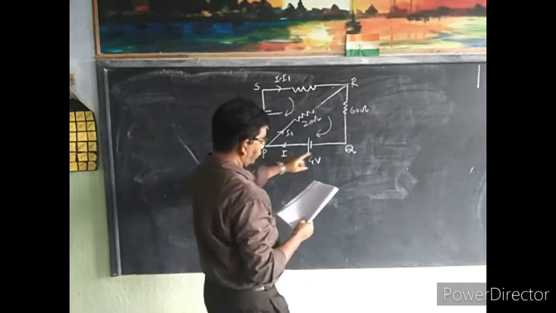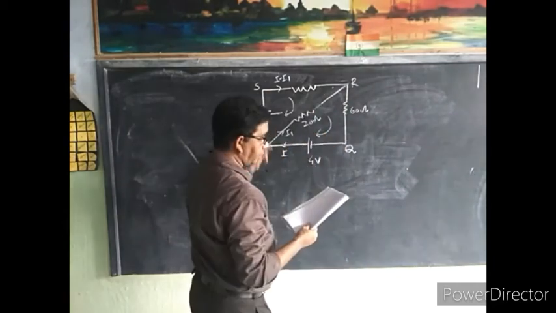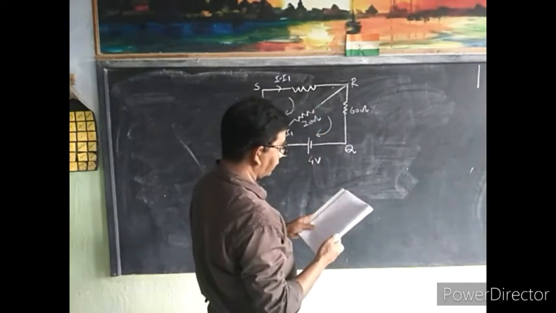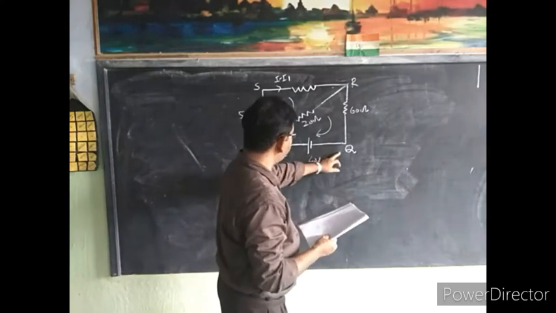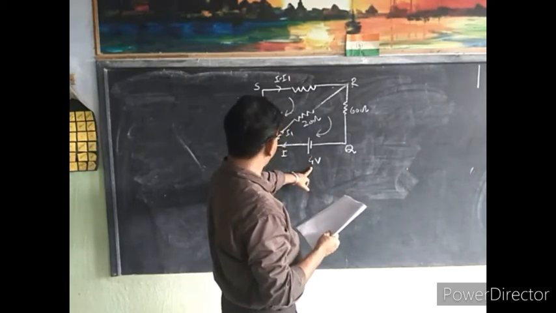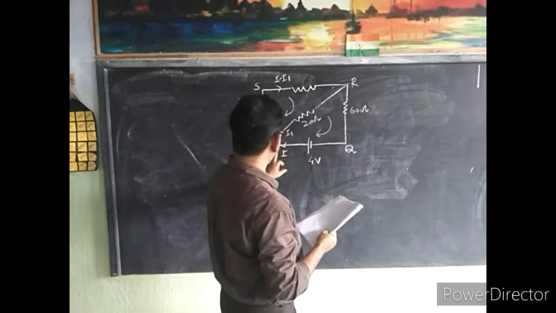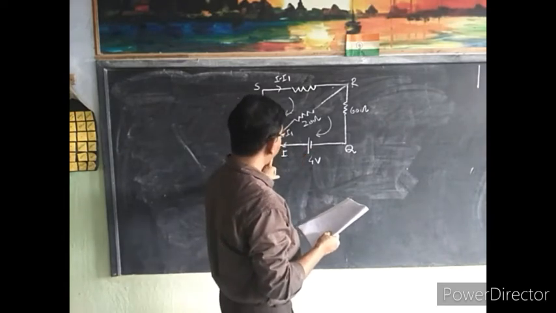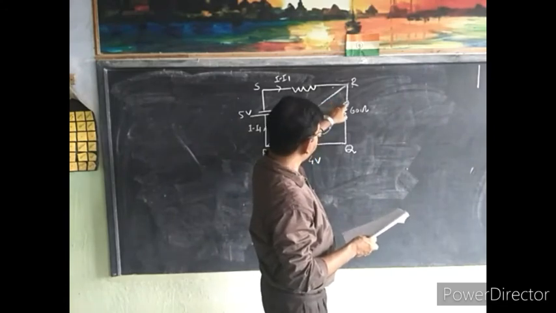Network PQRS is made as under. PQ has a battery of 4 volt and negligible resistance with positive terminal connected to P. QR has a resistance of 60 ohm.